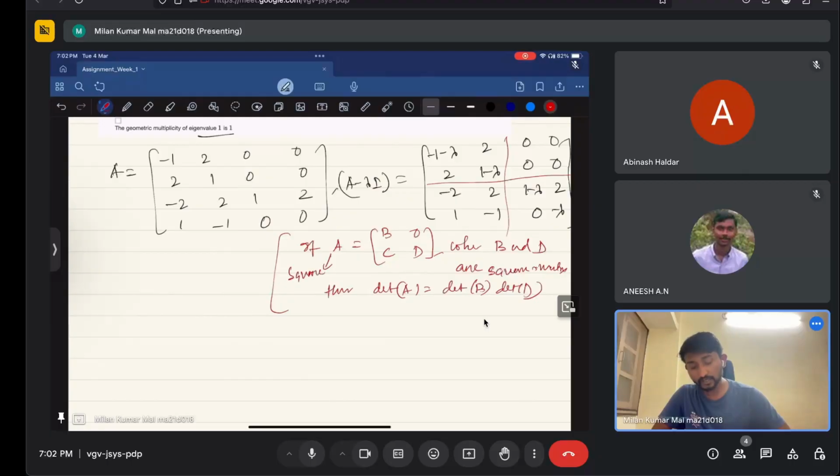If B and D are not square matrices, then there is no concept of determinant of B and D, so there is no point to factorize this.